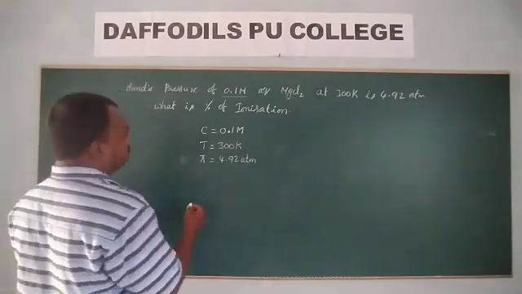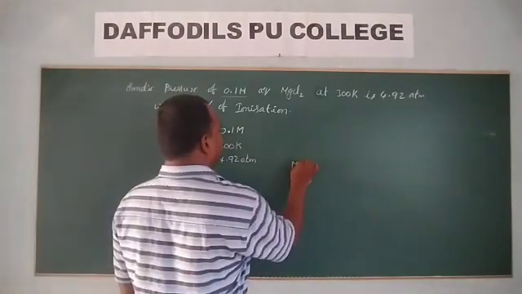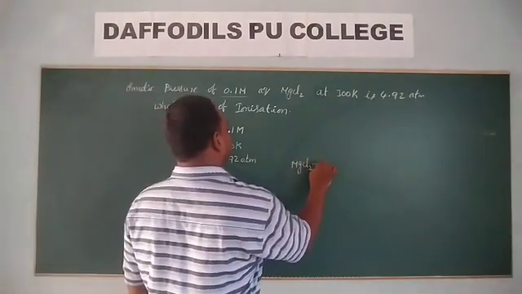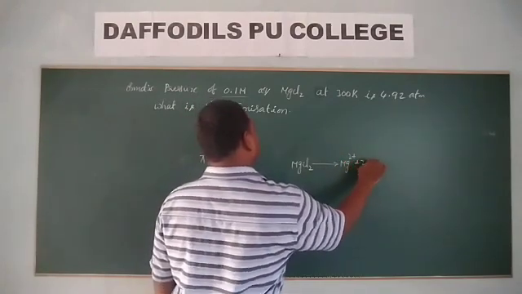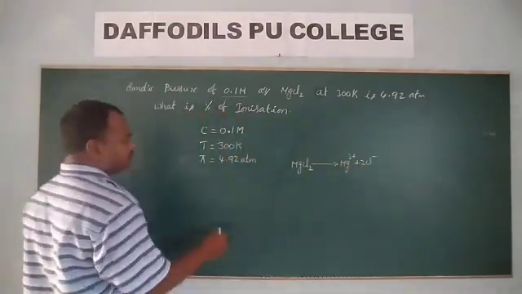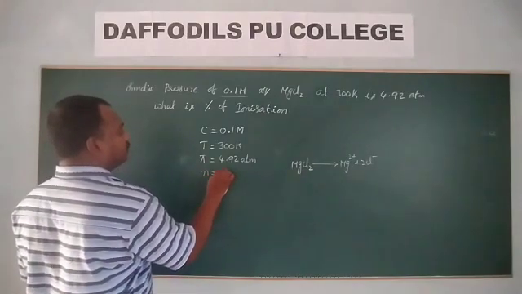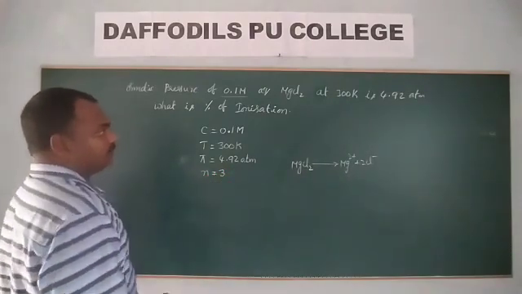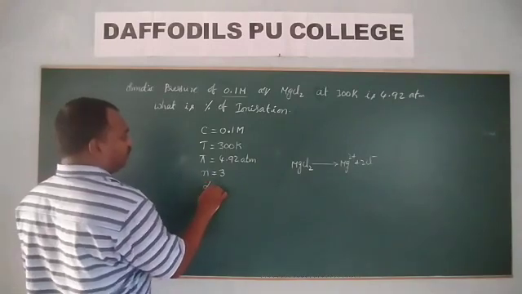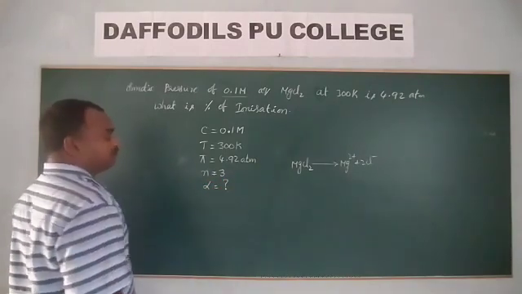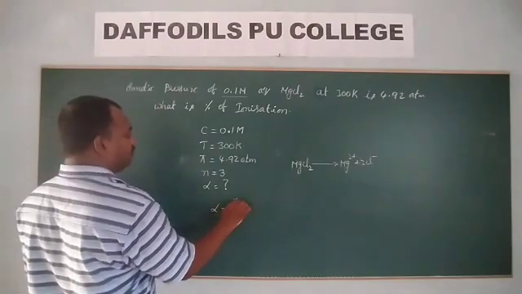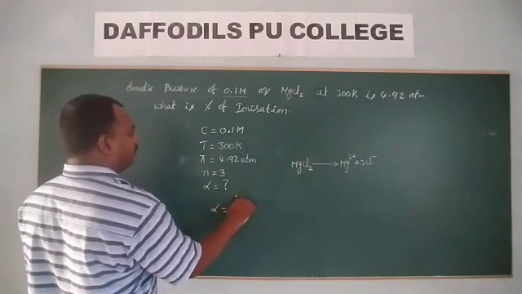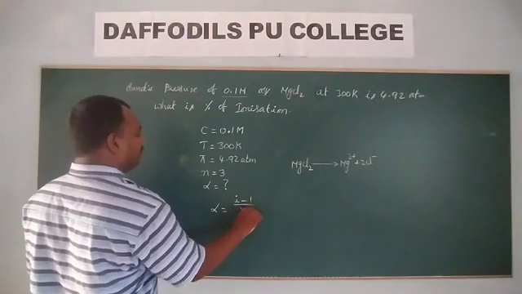Number of particles: magnesium chloride dissociates like this. MgCl2 gives Mg2+ and 2Cl-. So n is equal to 3. They are asking for alpha. So what is the formula for alpha? Alpha is equal to (i minus 1) by (n minus 1).